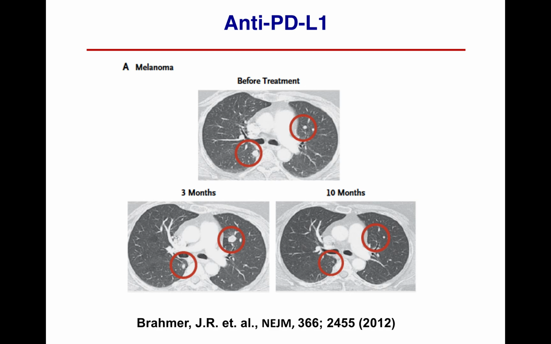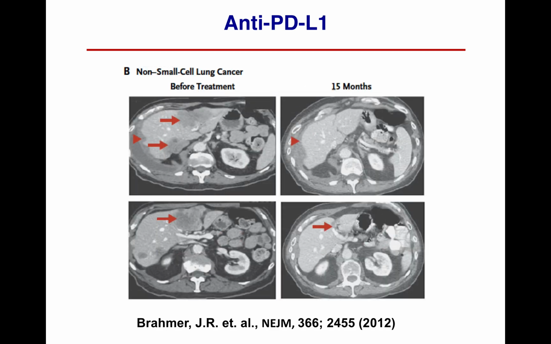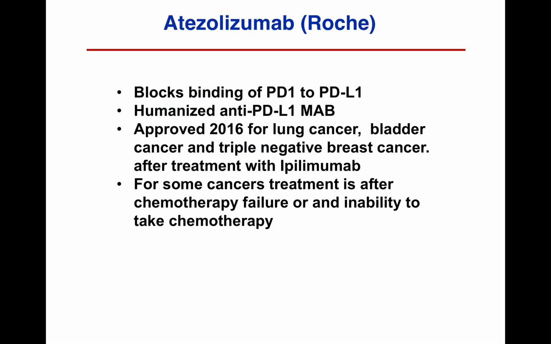So quite an effective response. You can see here in non-small cell lung cancers, these tumor masses before treatment and then after treatment. You can see these tumors have been completely resolved in this patient. You see complete resolution of those tumors.